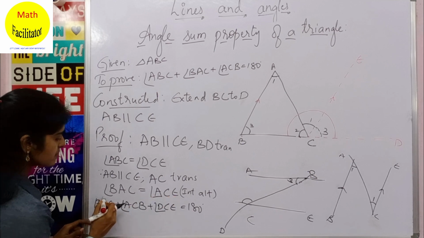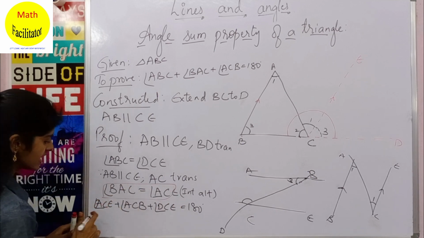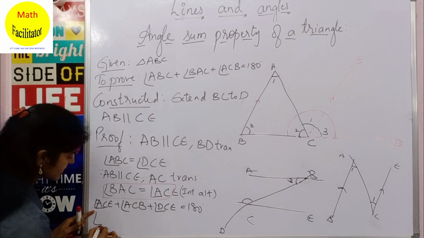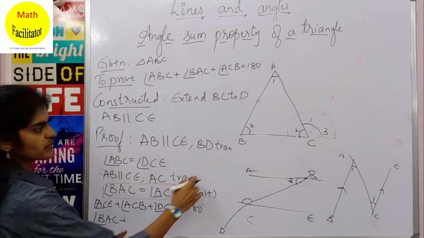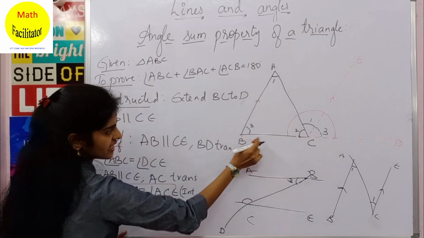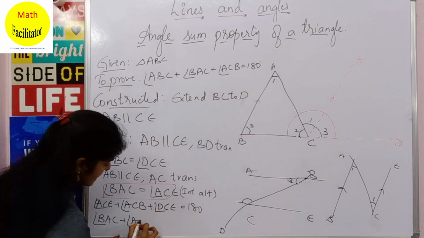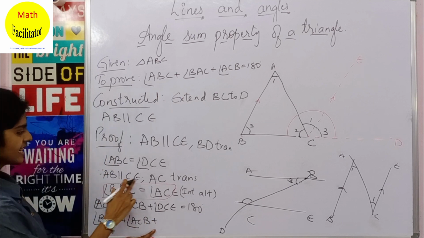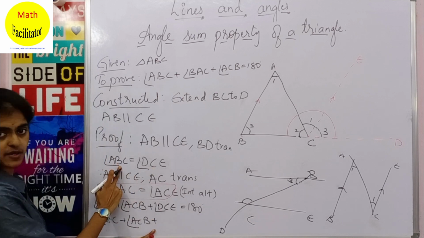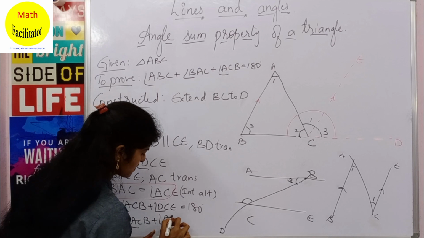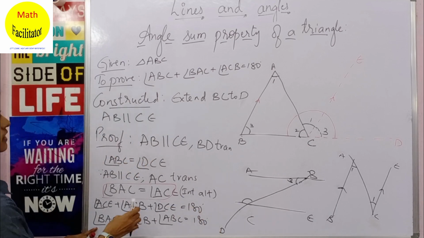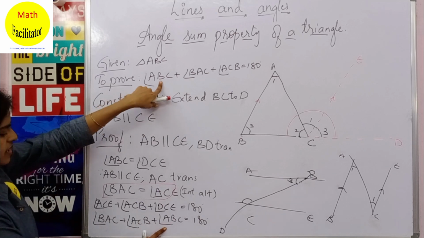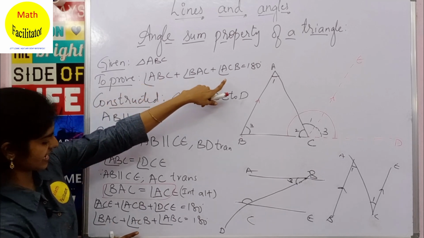ACE is nothing but BAC. Using this, replace ACE as BAC. So this is angle BAC plus angle ACB, where ACB is angle 2, plus, now again angle DCE is nothing but angle ABC. So replace it. Angle ABC is how much? It is 180 degrees.